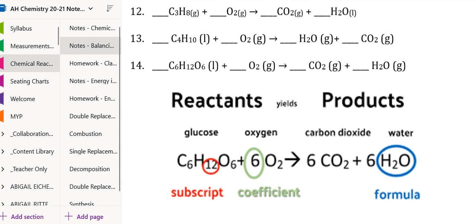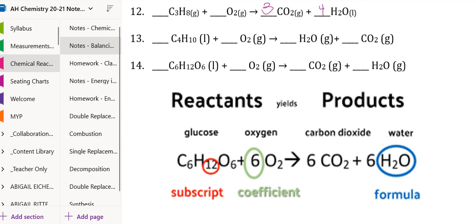How many carbons do I have in my reactants? 3. So I'm going to try a 3 here. Do we agree? Okay. How many hydrogens do I have in my reactants? 8. So what coefficient would I need in front of water in the products? 4.